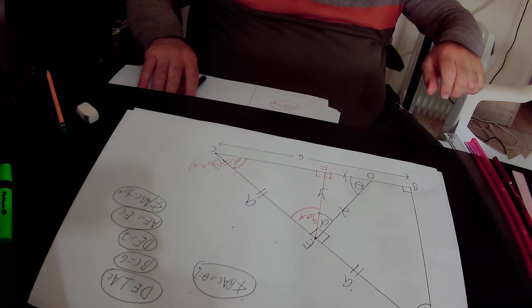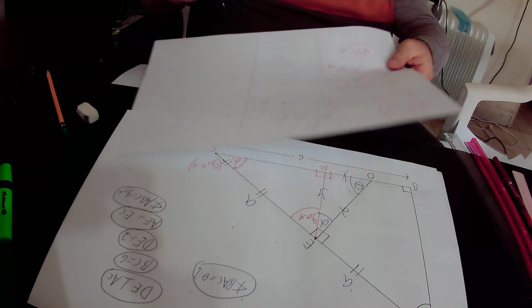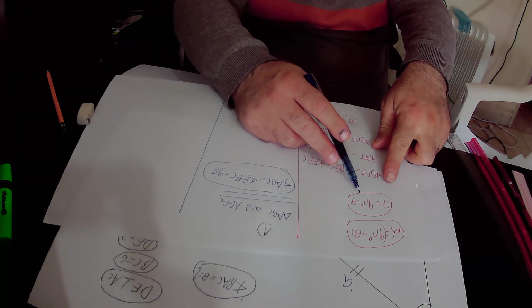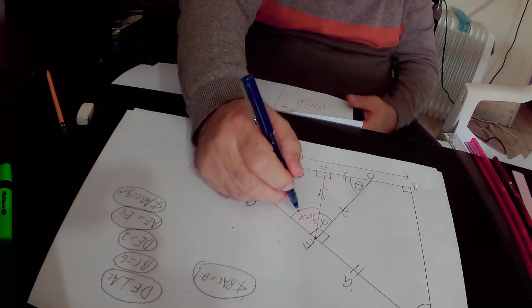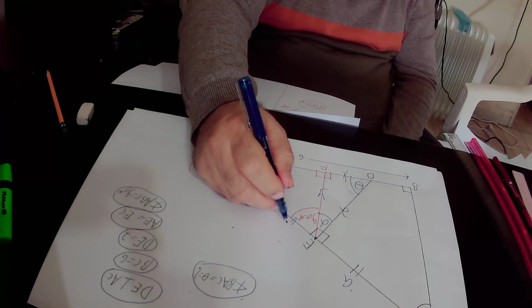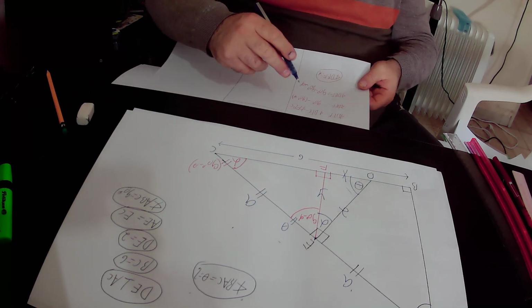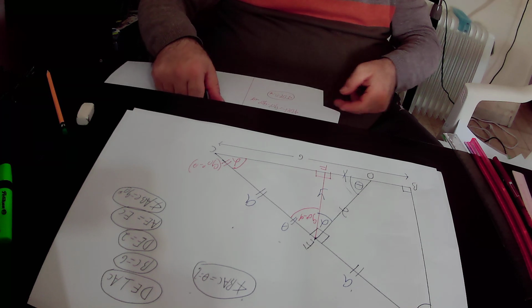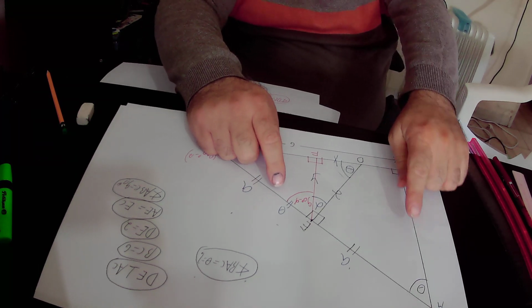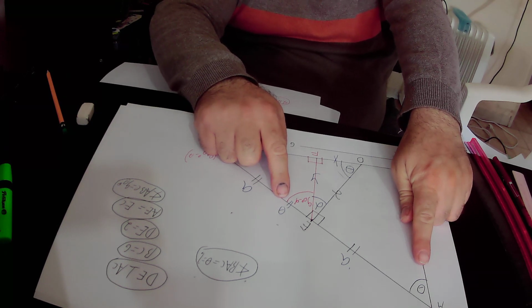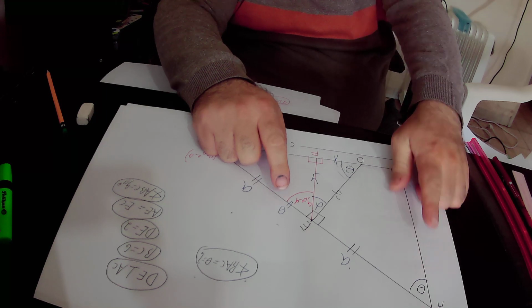In addition, we know that 90 degrees minus alpha equals theta. So here we can write down that 90 degrees minus alpha equals theta according to this equation. In addition, those two angles are both equal to theta, therefore they are equal to each other.